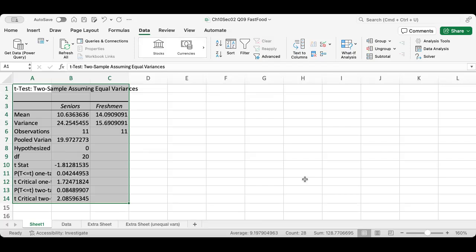Do I accept or reject my null hypothesis? Our alpha was 0.05. That's too small. We're in the rejection area. Reject the null hypothesis. What's the other way I could have done it?